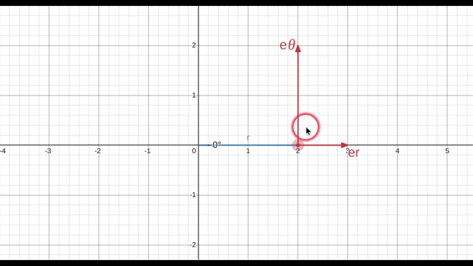Okay, so here are the basis vectors in polar coordinates, ER and E theta. And I laid it down flat such that theta is equal to 0, and we can see the radius here is 2, right? So the claim is that ER wedge E theta, this bivector, is going to be equal to R. Now let's see if it is.